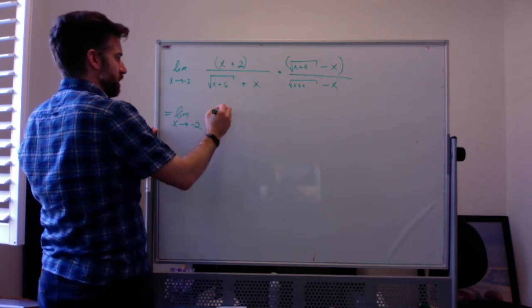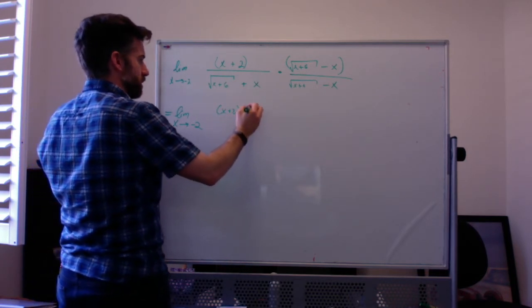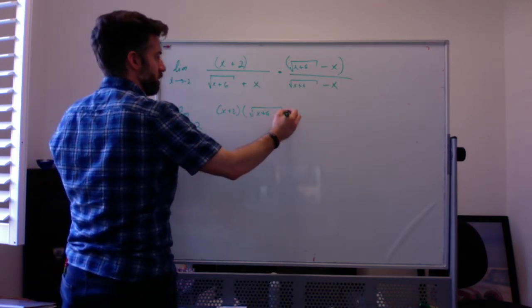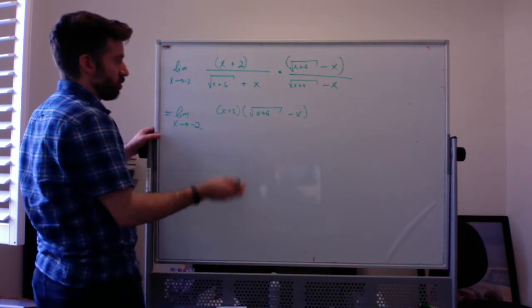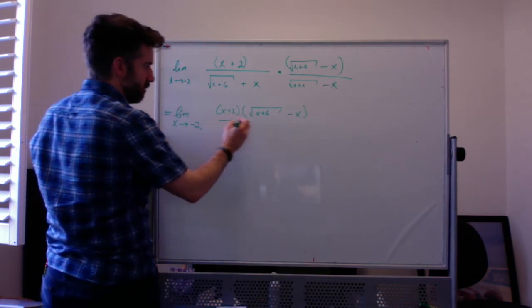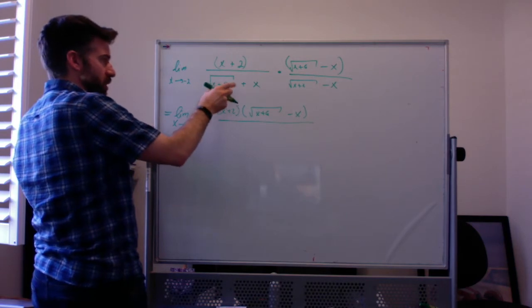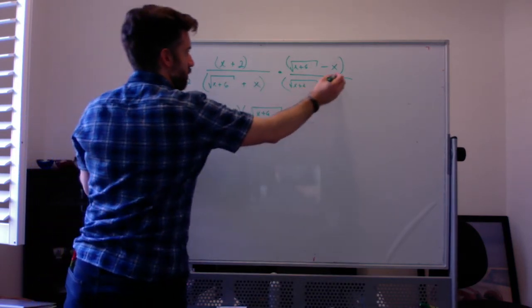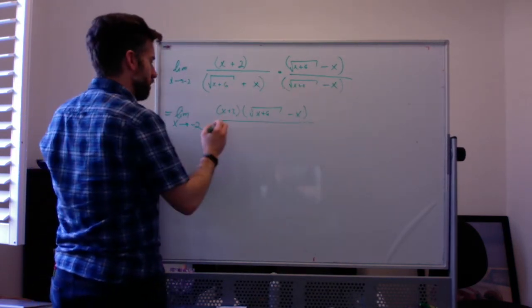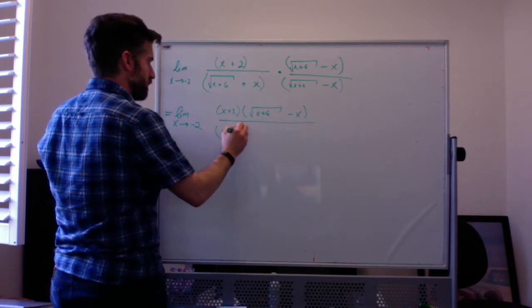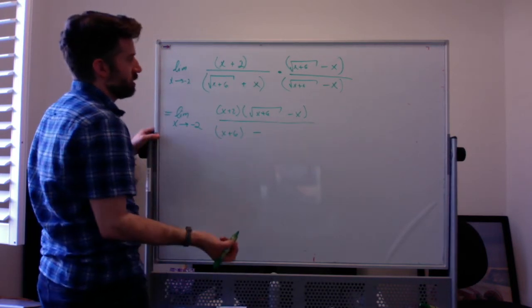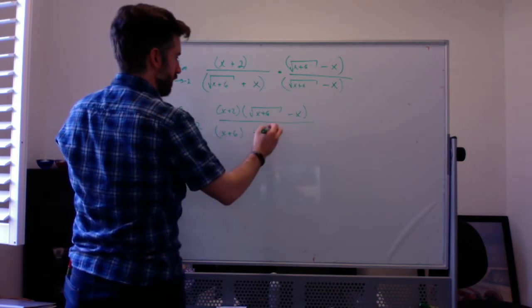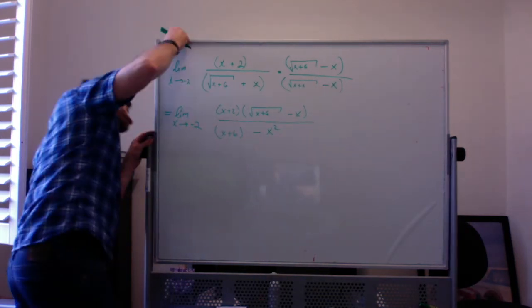We just say it's x plus 2 times the square root of x plus 6 minus x, because we're looking to make this x plus 2 cancel. On the bottom, this times its own conjugate is just the first piece squared, which is x plus 6, minus the second piece squared. And x times x is just x squared.